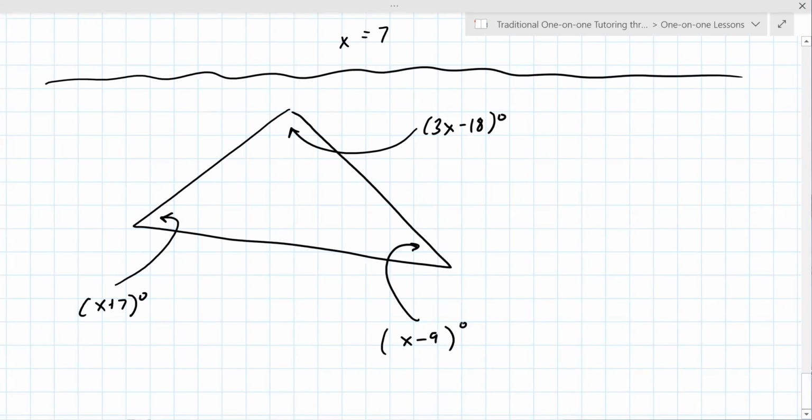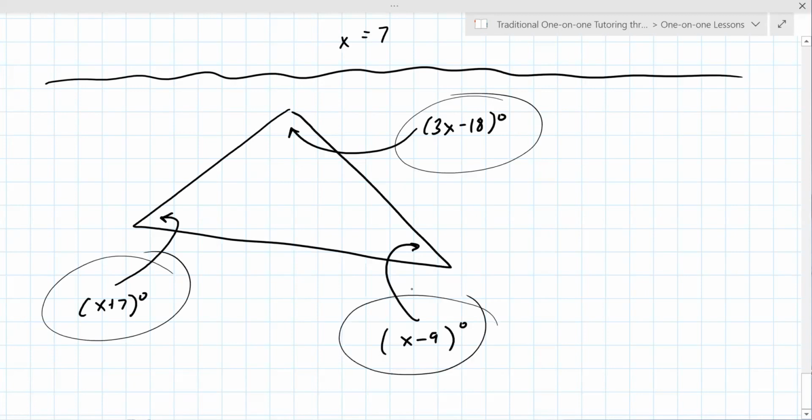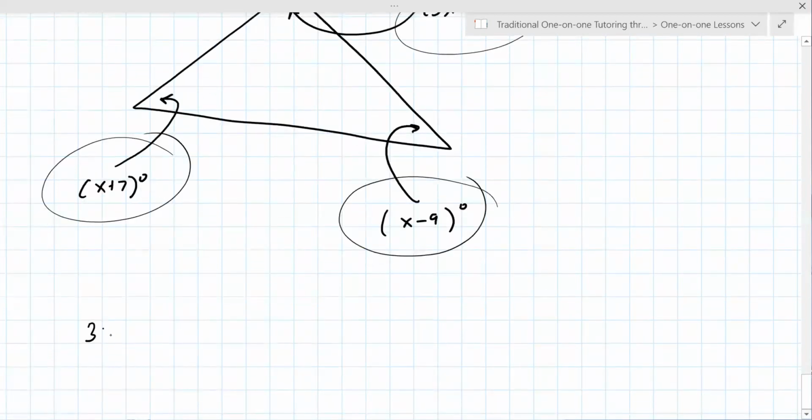Okay, and so in this problem, you have to write the equation. You have to write angle 1 plus angle 2 plus angle 3 equals 180. So 3x minus 18 plus x plus 7 plus x minus 9 equals 180.